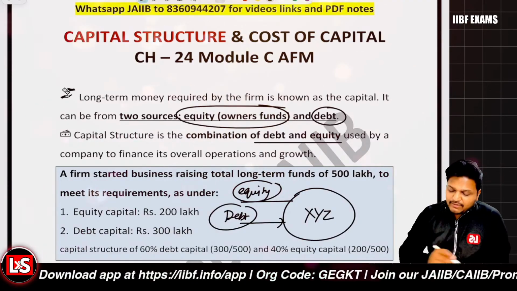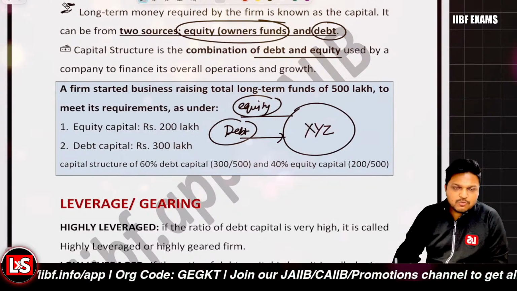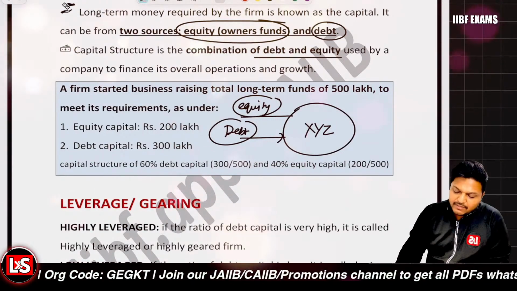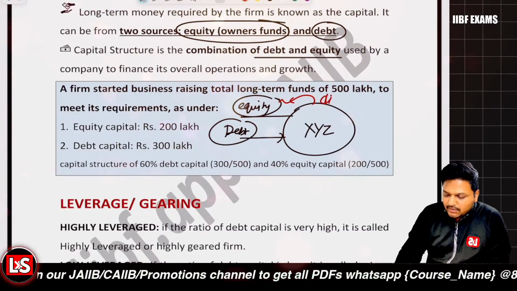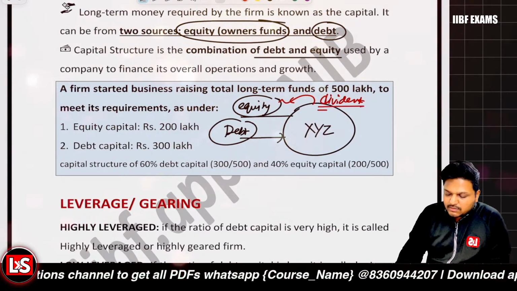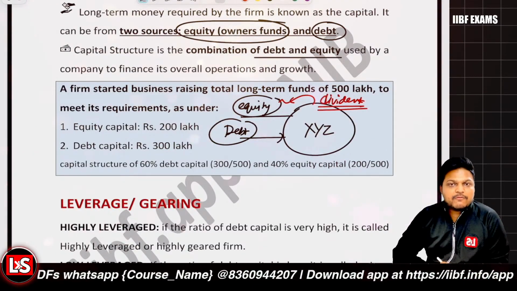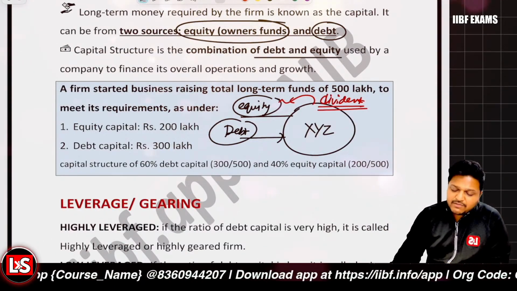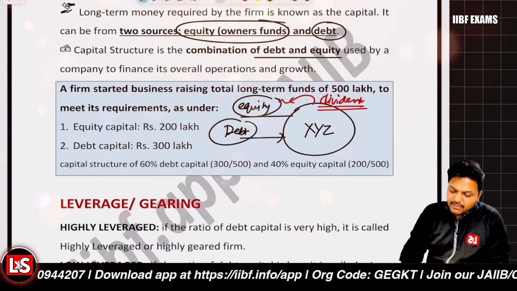Now, in case of equity, the company has to pay a cost. What cost is to be paid? The dividend is to be paid to the equity owners, the shareholders, if the profit is there. And in case of debt, the interest is to be serviced.